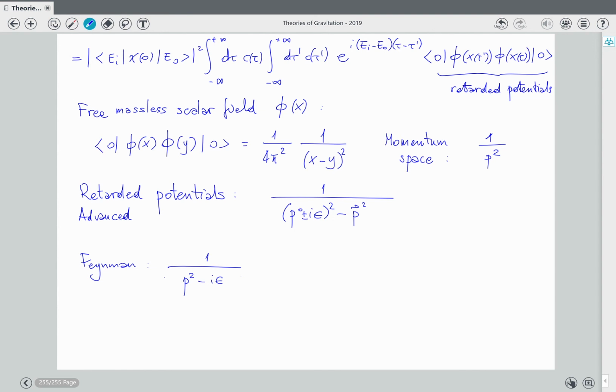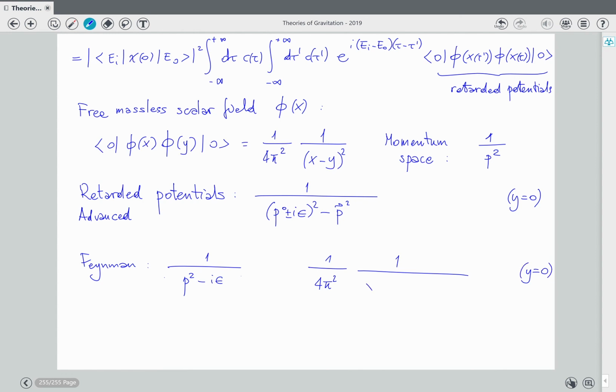In coordinate space, what are the equivalent prescriptions? Feynman becomes like this. Let me set y equals 0 for simplicity.